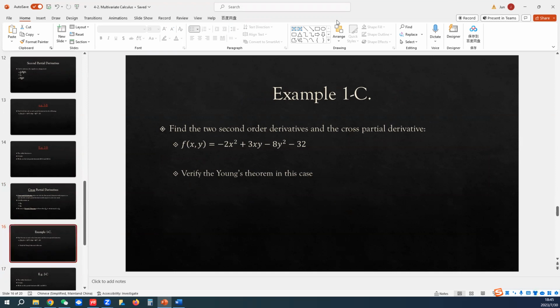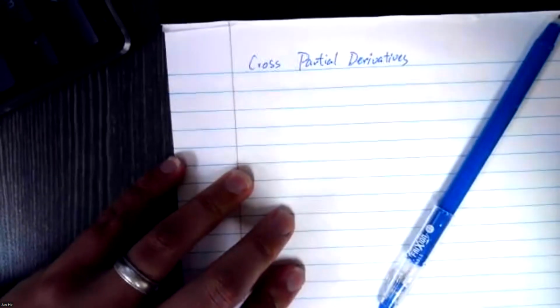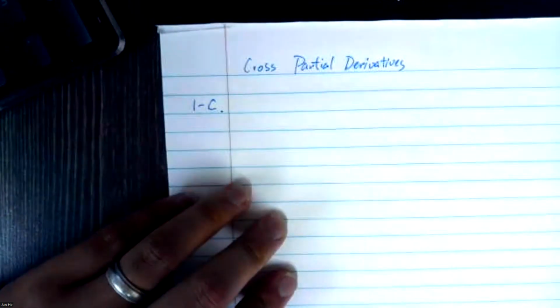So the first one, cross partial derivatives. Now it's question 1c.